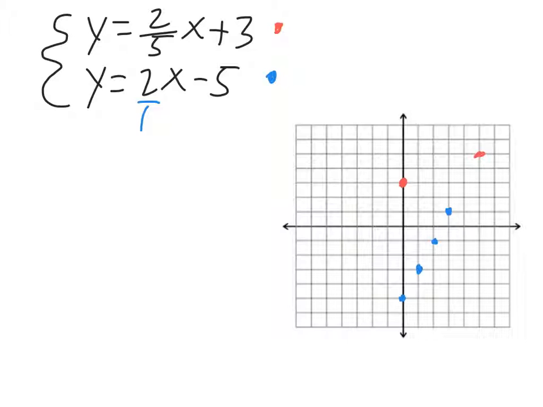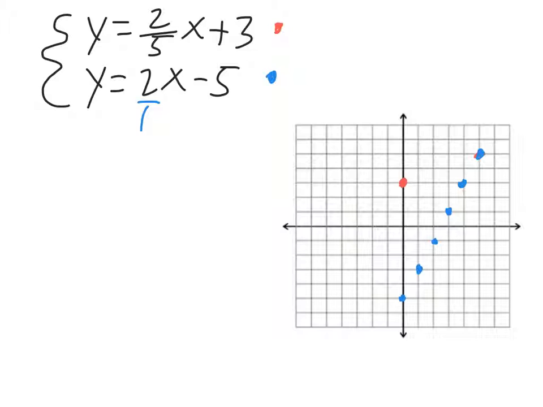Then again up 2 over 1 and plot a point there. Then again up 2 over 1, so we plot a point there. Hey, we noticed that those two intersected.